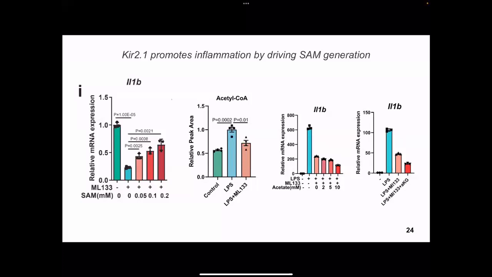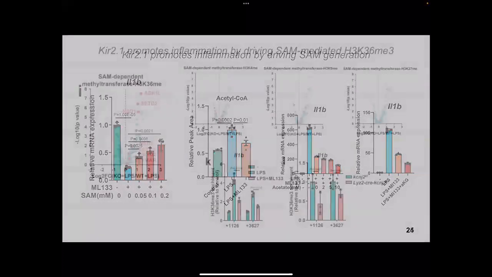We also detected another important epigenetic metabolite, the TCA cycle intermediate alpha-KG, which is also a very important epigenetic regulator, and we also found no rescue effect on IL-1 beta production. So this result suggests a greater dependence of the membrane potential-induced inflammatory program on the epigenetic programs fueled by SAM generation.